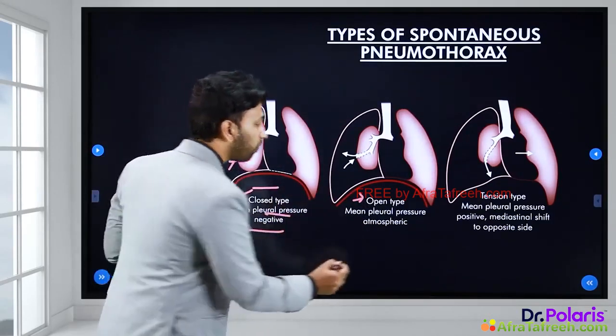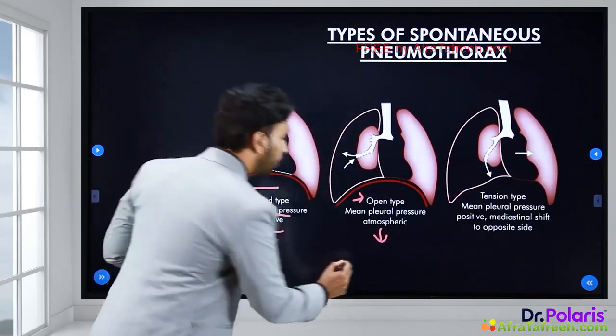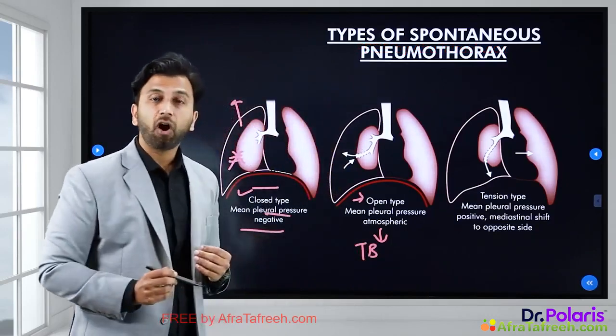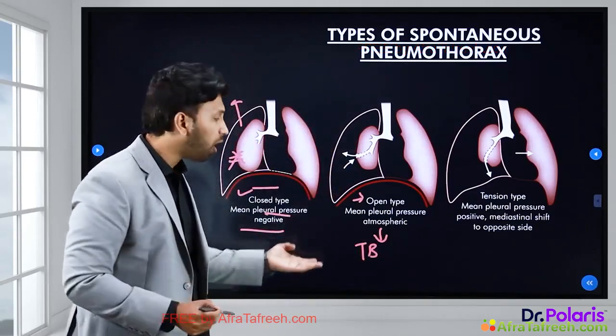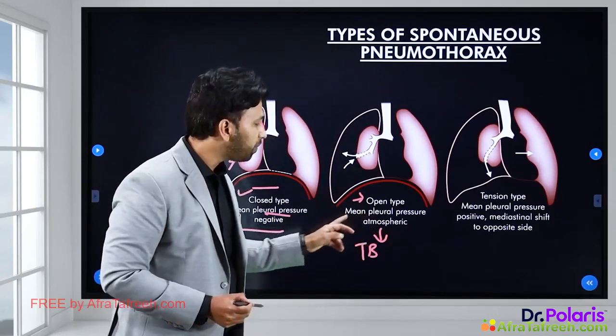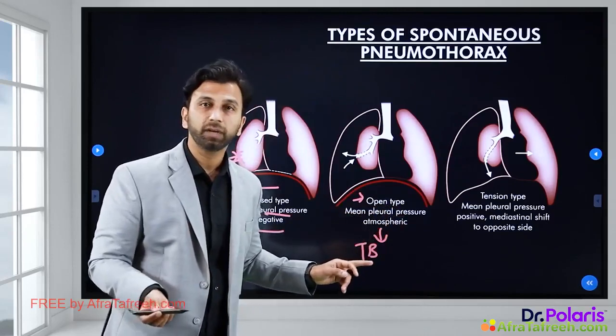This type of physiology is typically seen in individuals who have a ruptured tubercular cavity or emphysematous bullae or a lung abscess. So here it is an open type with a mean pleural pressure which is atmospheric.